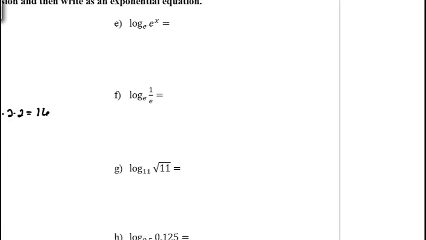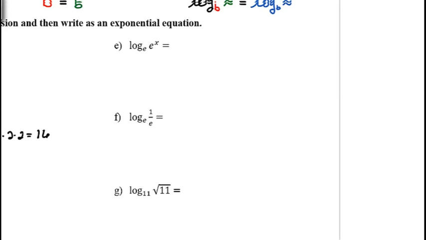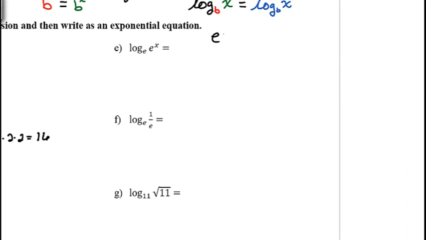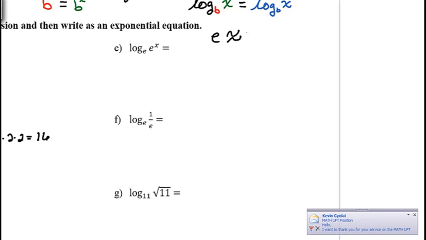Our next one, we haven't talked about e yet. We'll just talk about it kind of briefly here. There should be a button on your calculator for e. And so e is a number that's a lot like pi. Most people have heard of what pi is, but some people have not seen e. And I'm not going to go into how we get e, but e is approximately 2.72.